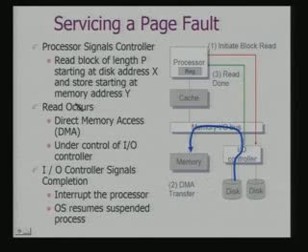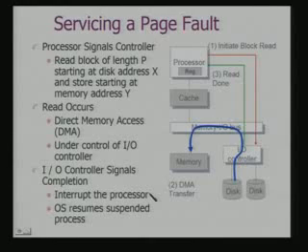In fact, where it will go into the memory is provided by the exception handler. Once the DMA is over, the IO controller interrupts the processor. It generates an interrupt telling the DMA process is complete. So once the DMA process is complete, now the page is in memory. So the process which was suspended because it generated a page fault exception can now be resumed. Resuming means what? It can be put into an active or ready queue.